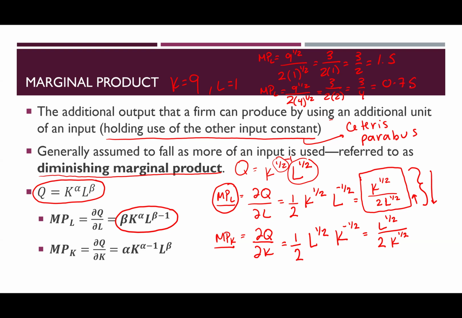So as that denominator grows, our value of marginal product of labor overall falls. This is going to also be true for our marginal product of capital. Capital is in the denominator, so as more capital is used, the marginal product of capital is going to fall, just like we saw with marginal product of labor.